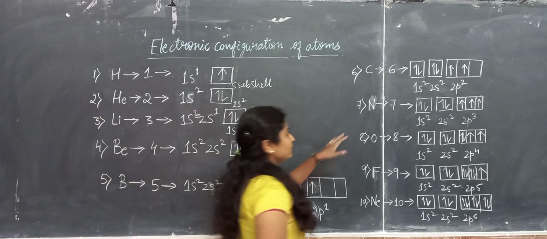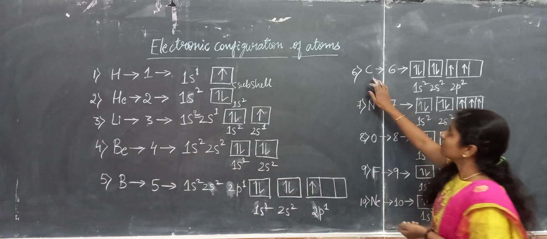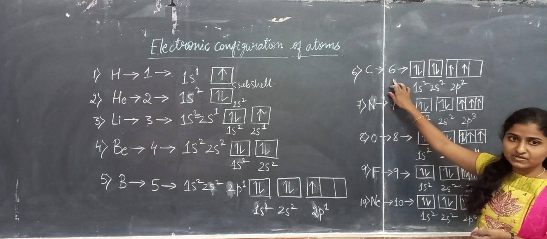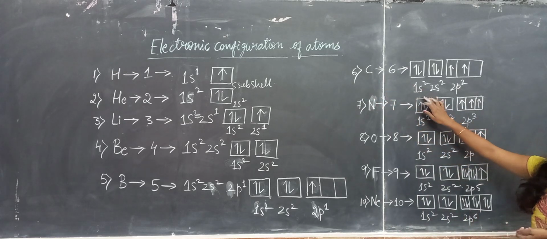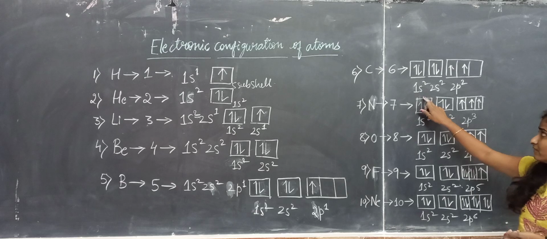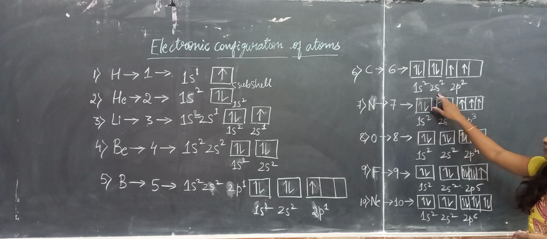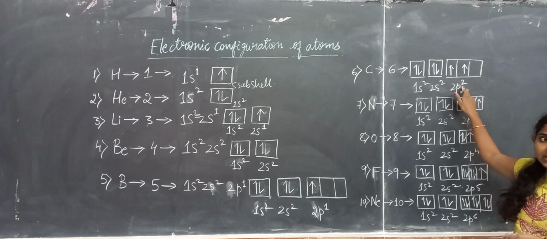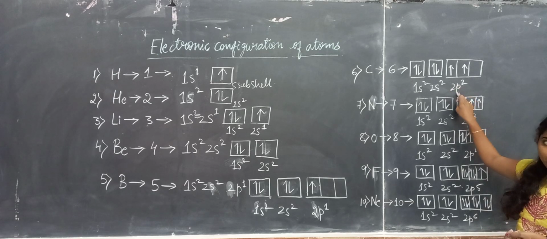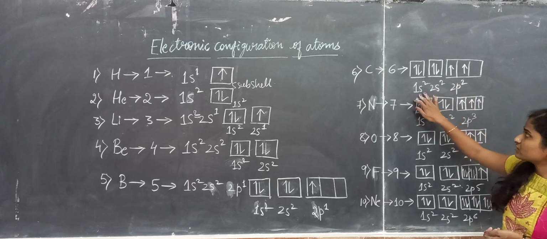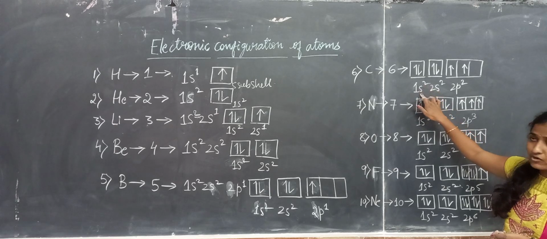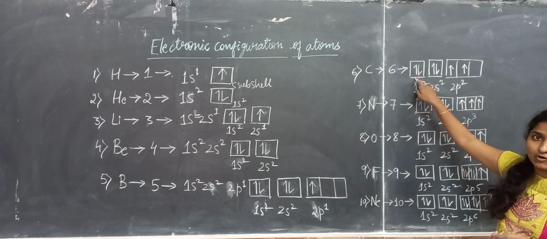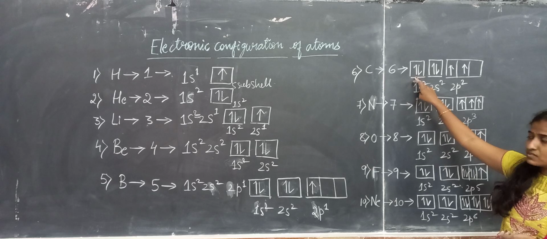In a similar way for the carbon atom, we have atomic number 6, and the electronic configuration is 1s2, 2s2, 2p2. Here one more electron is entering into the 2p orbital. The 1s2 electrons enter the same orbital with opposite spin.